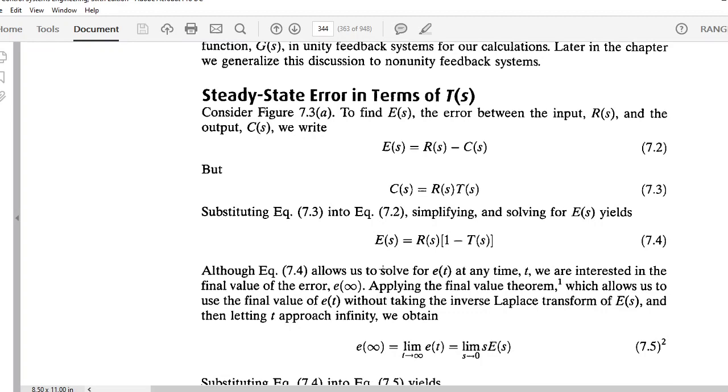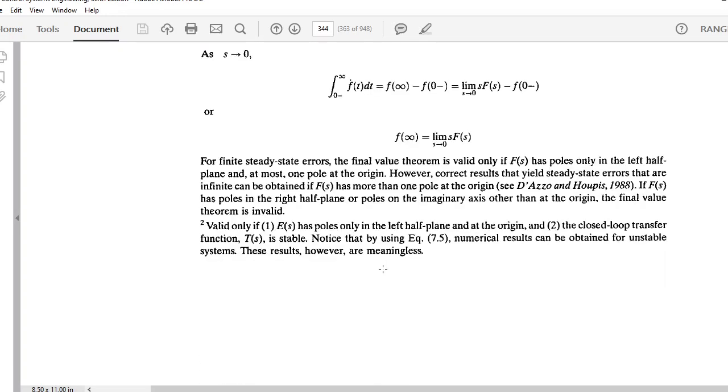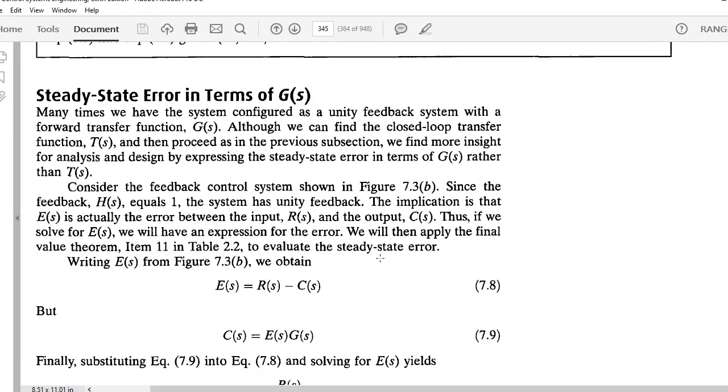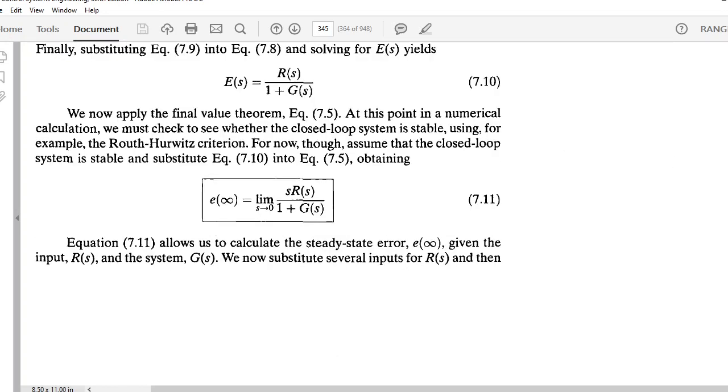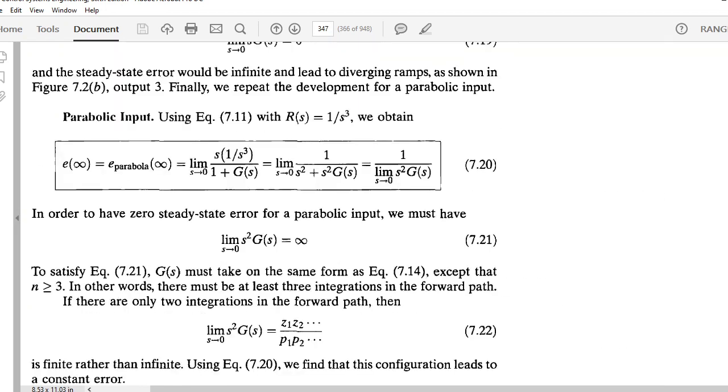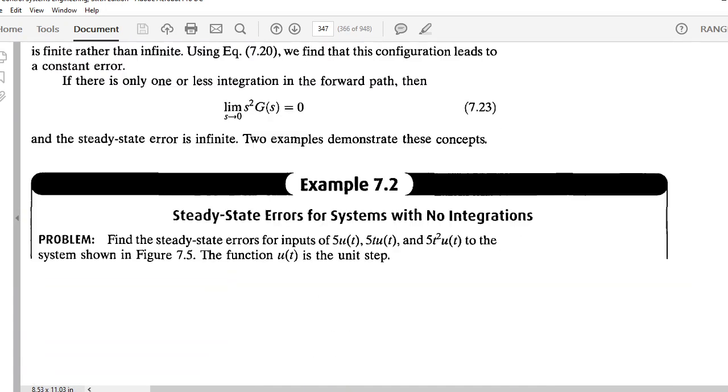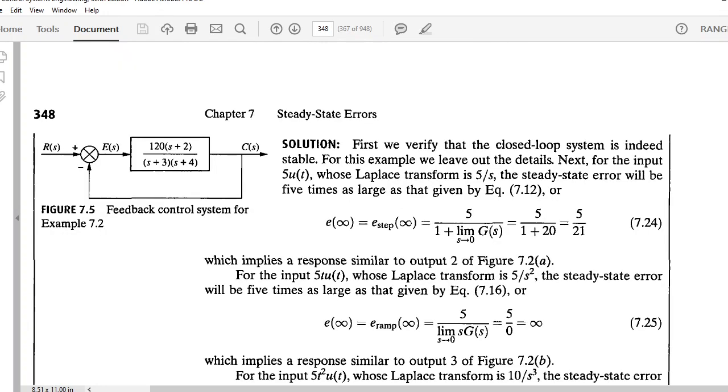That's the first thing that we did. And then we expressed it in terms of the open loop transfer function G(s). Once we did that, we did a few problems, for example, example 7.2.